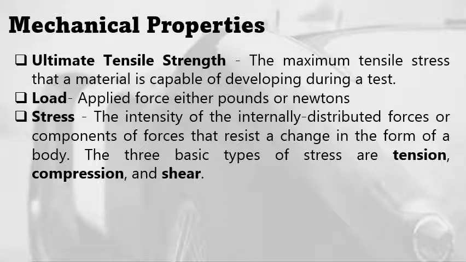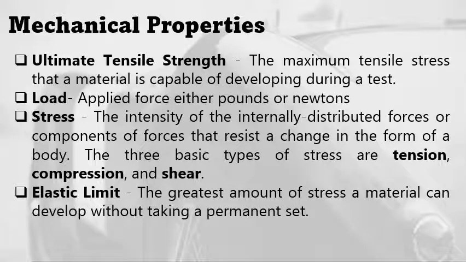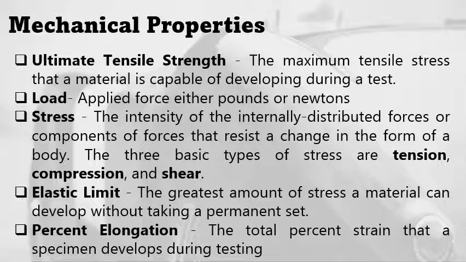The stress is the intensity of the internally distributed forces or components of force that resist a change in the form of the body. So the three basic types of stress are tension, compression, and shear stresses. The elastic limit, on the other hand, is the greatest amount of stress a material can develop without taking a permanent set. The percent elongation is the total percent strain that a specimen develops during the testing.